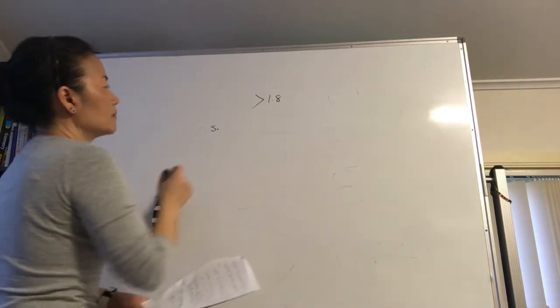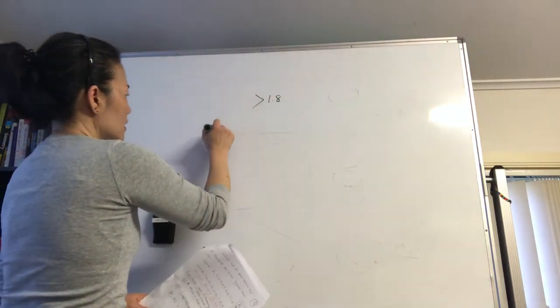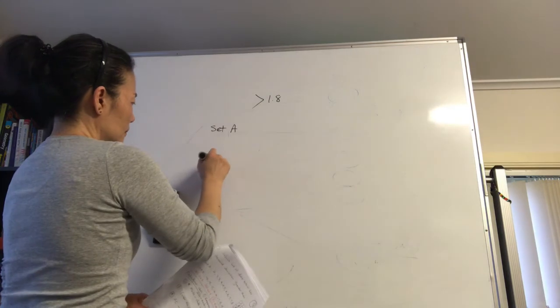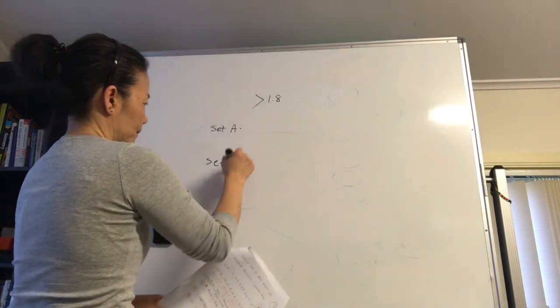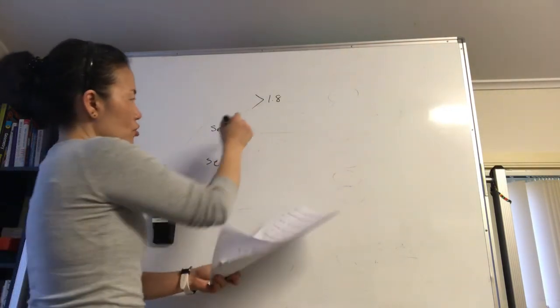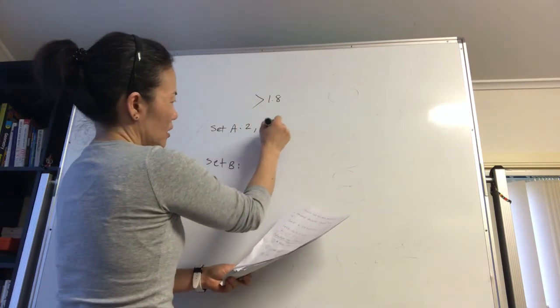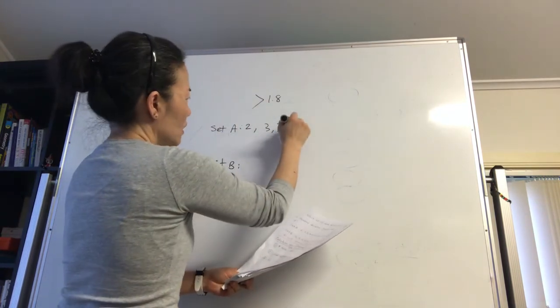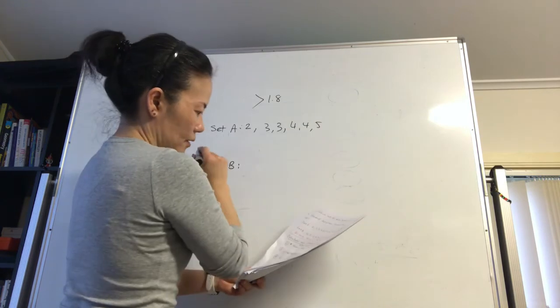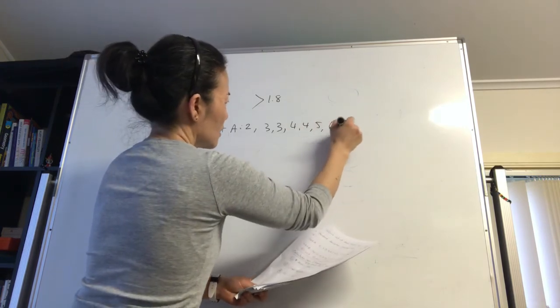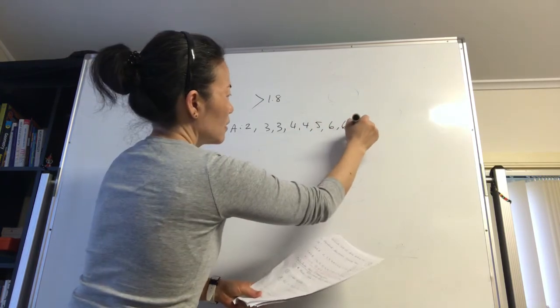Yeah, greater. So set A, set B. Set A, I've got 2, 3, 3, 4, 4, 5, 6, 6, 7, 7, 8.